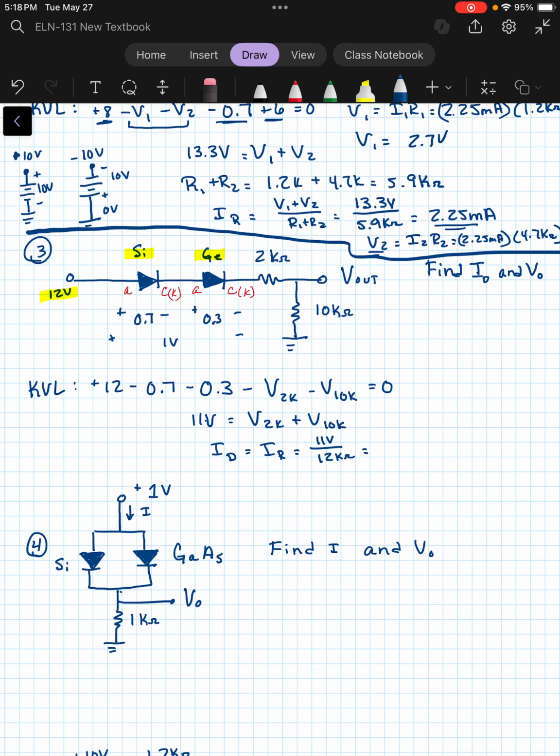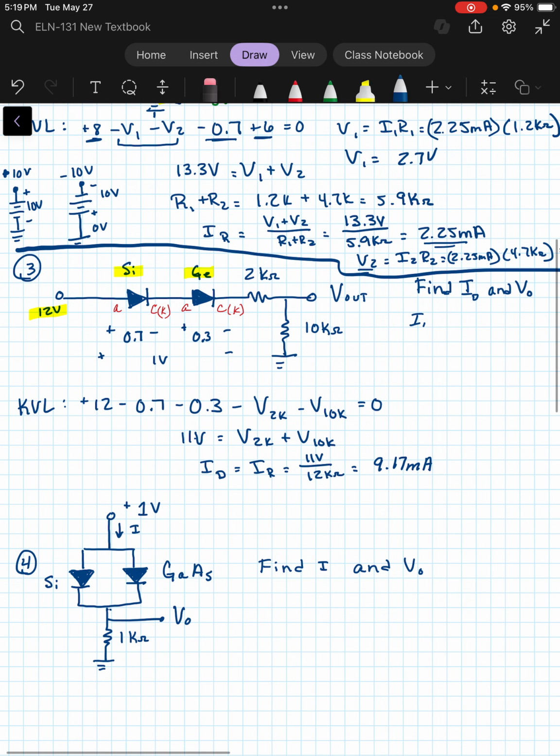So 11 divided by 12K, and that would be 9.17 milliamps. Okay, so that's your ID.